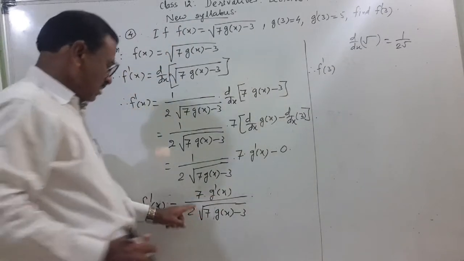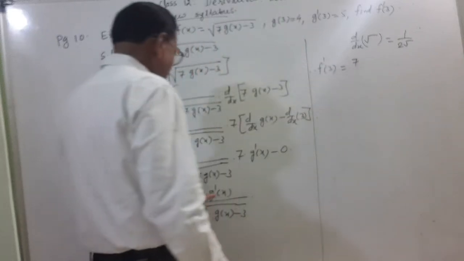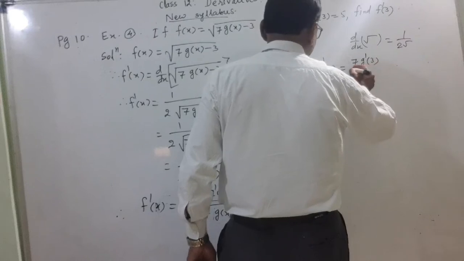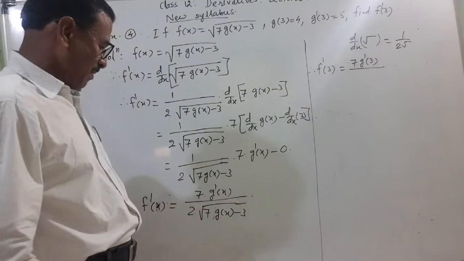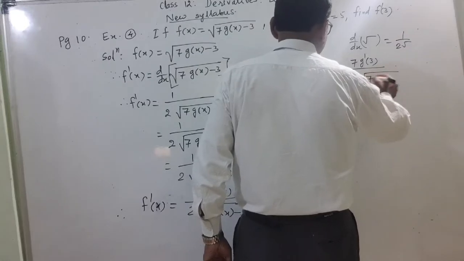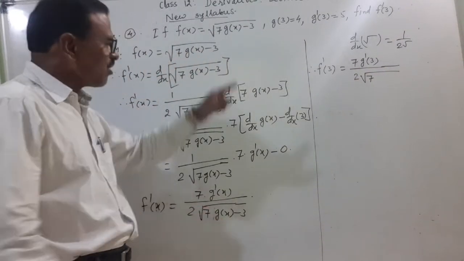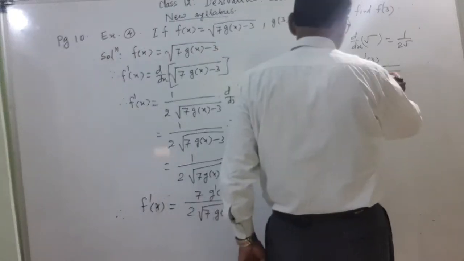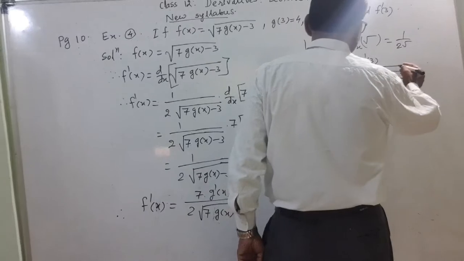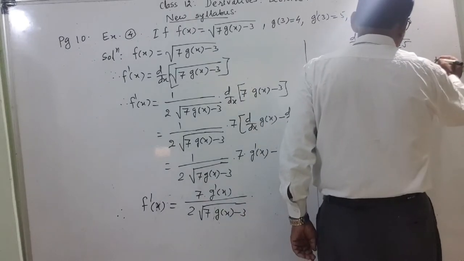So this is equal to 7 into g dash of 3, at the place of x I am writing 3, upon 2 under root 7 into g of 3 minus 3. Here I will put x equal to 3.